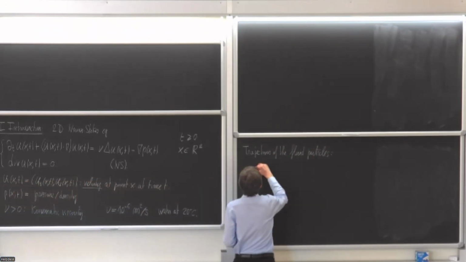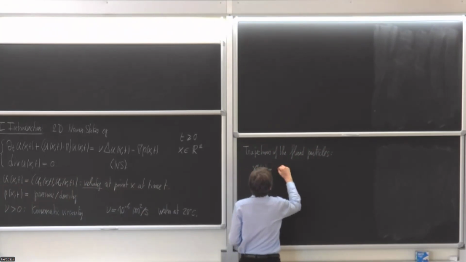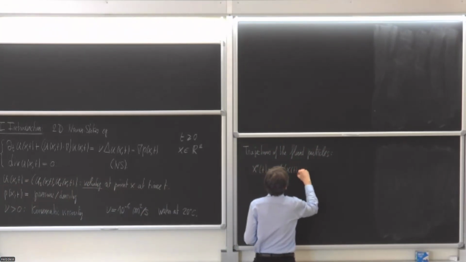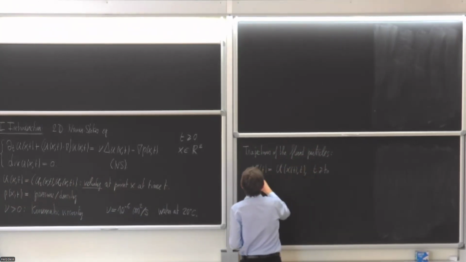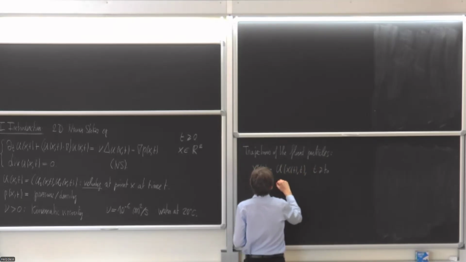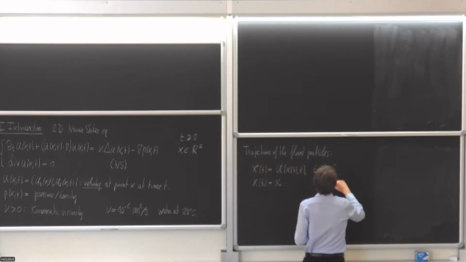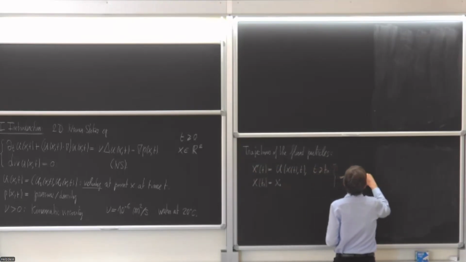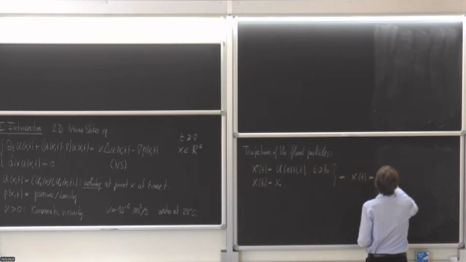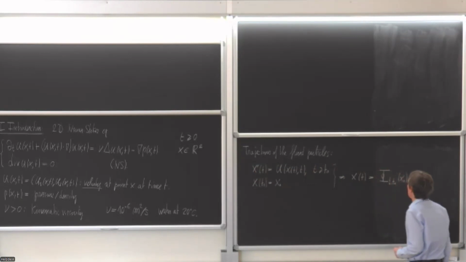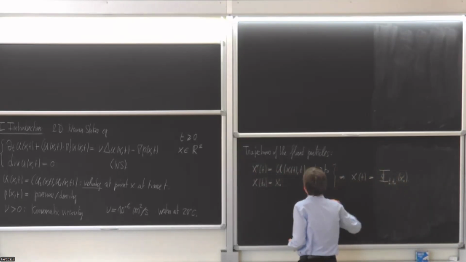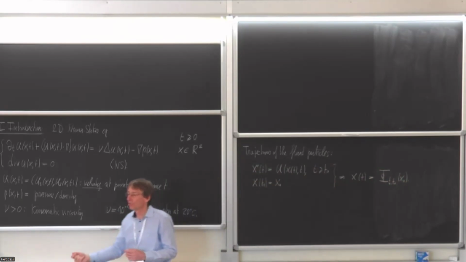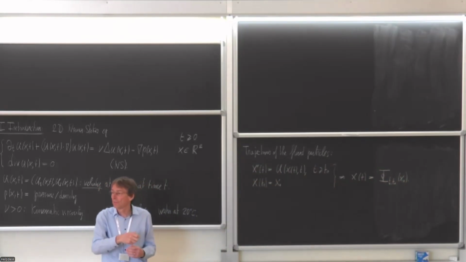So you solve the ODE dx/dt = u(t,x), for t greater than t0, and x(t0) = x0. So you obtain a solution formula of the form x(t) equal to some phi(t,t0) evaluated at x0. This is just a notation, and this is the flux of the velocity field from initial time t0 to the final time t, okay?